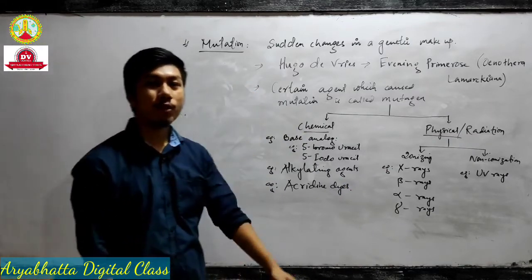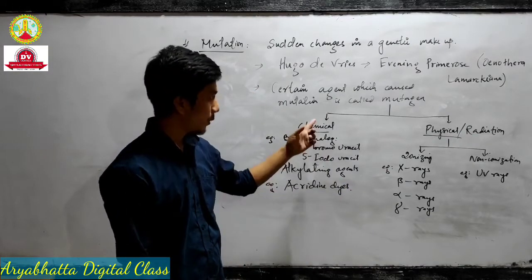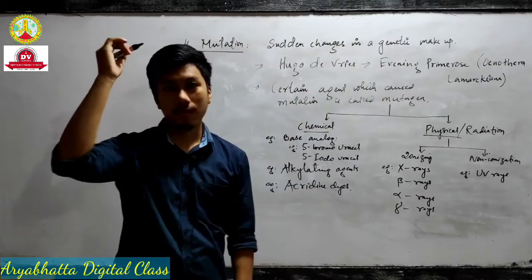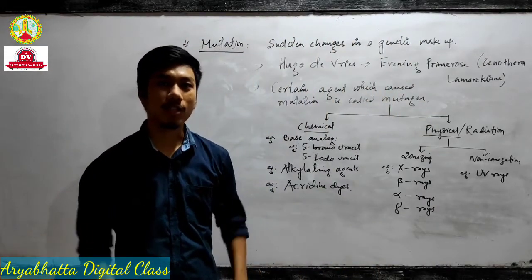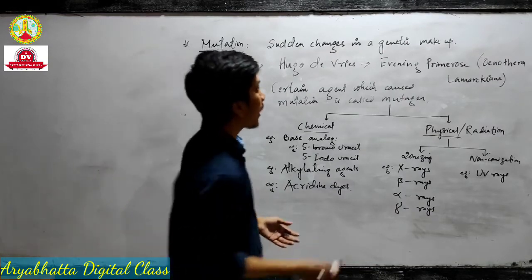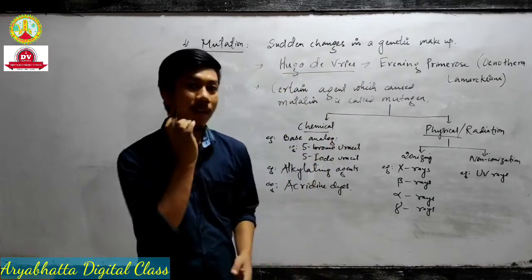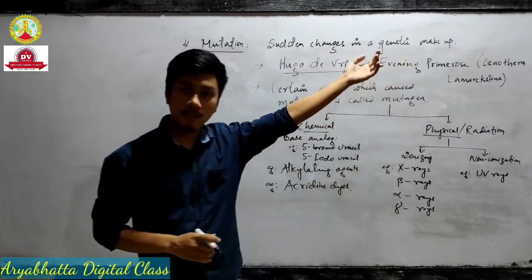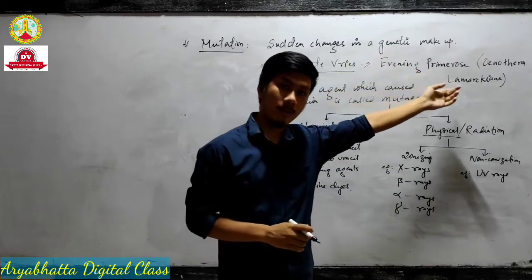So these are all about mutation. What is mutation? Sudden changes that take place in the genetic makeup are known as mutation. Who explained mutation? Hugo de Vries, in the plant evening primrose, Oenothera lamarckiana.